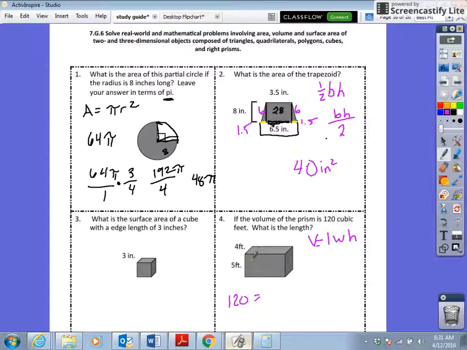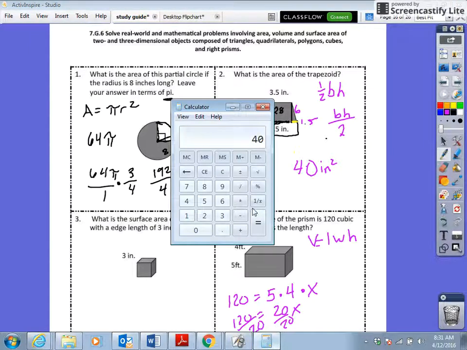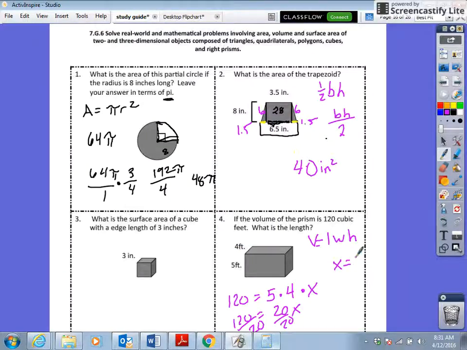I know that the height is 5 and the width is 4. What I don't know is this right here. So 5 times 4 is 20. So I have 120 equals 20x. Divide by 20, divide by 20. 120 divided by 20 equals 6. So the length is 6.